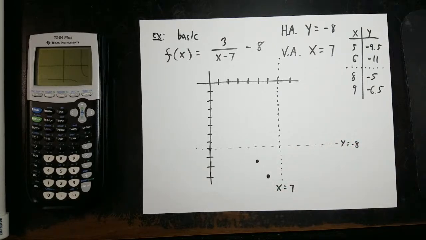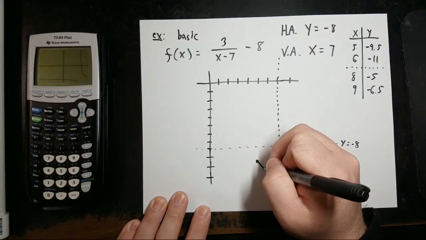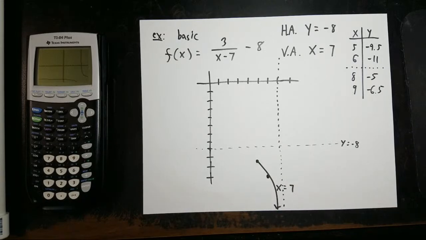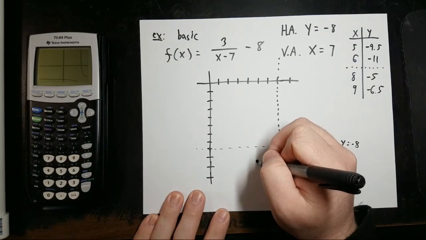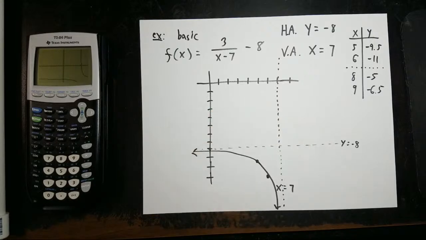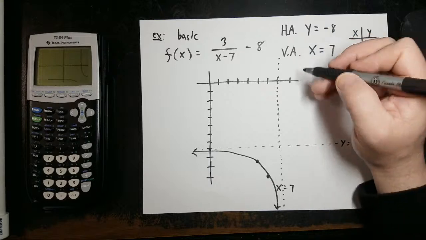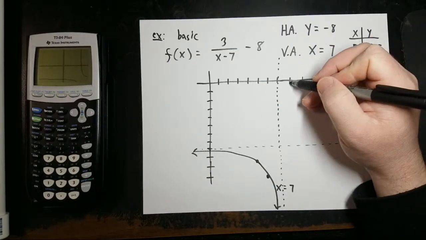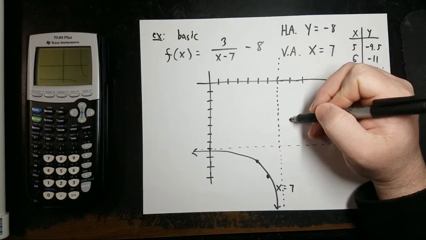Now, the way that we know what these graphs look like, it's going to be curving down forever because it's trying to avoid that vertical asymptote. And it will be flatlining going this way because it's going to follow the end behavior of the horizontal asymptote. For the rest of my points, I got to go a little bit farther over here. 8 and -5. 1, 2, 3, 4, 5.